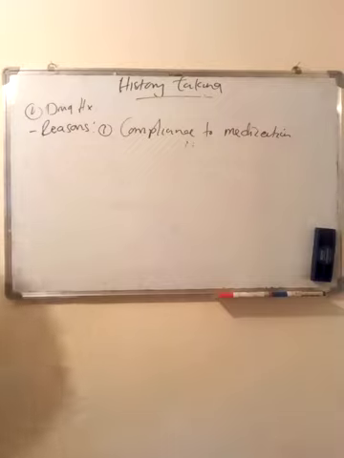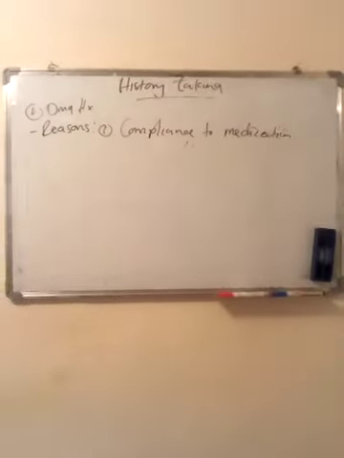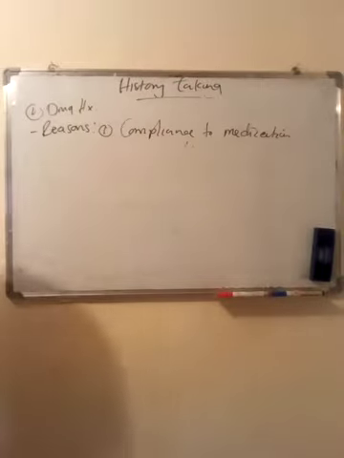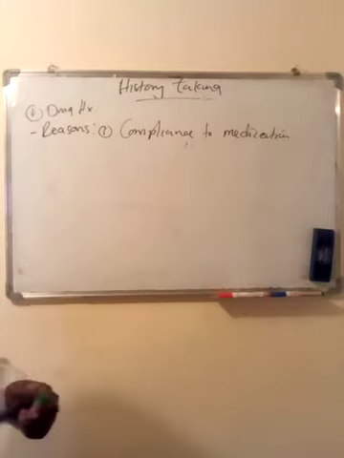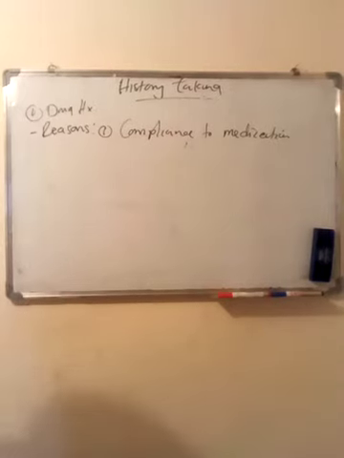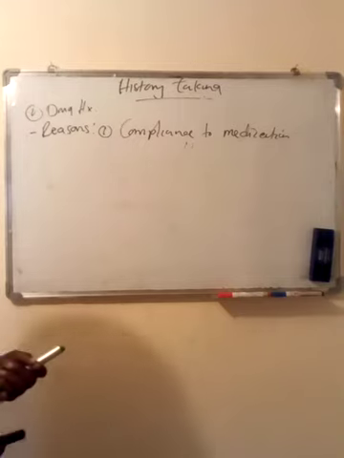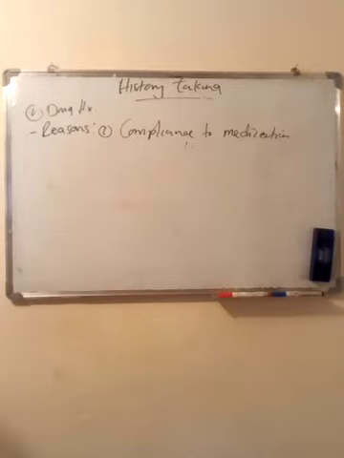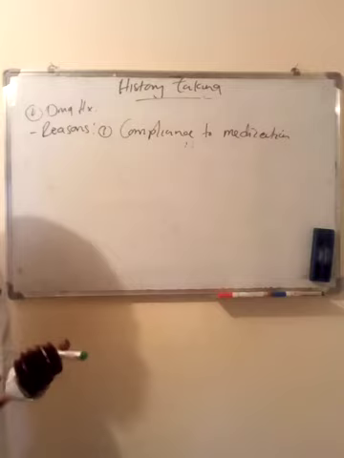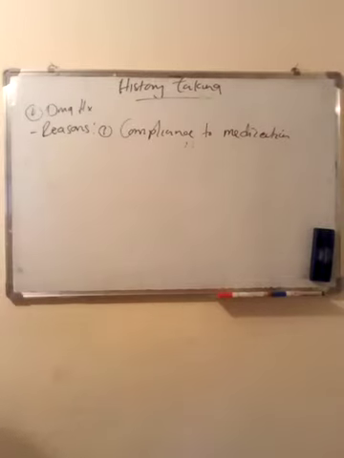Remember, we mentioned in past medical history that patients are going to come with some already existing conditions such as hypertension, HIV, diabetes, and so on and so forth, and they are already on what? Medication. Now you need to know whether they are compliant to medication or not.